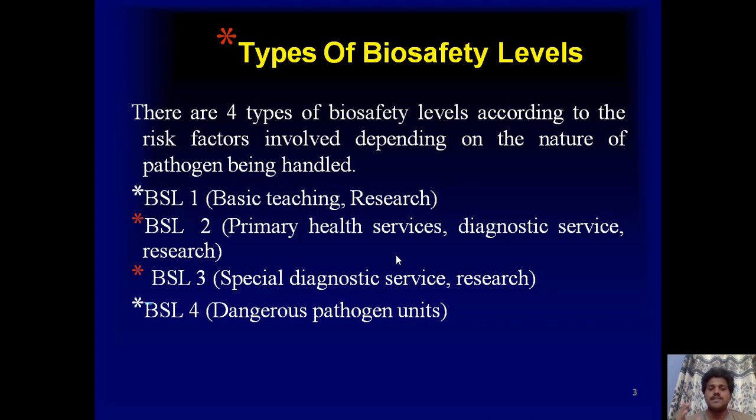And finally biosafety level 4 deals with the dangerous pathogen units. In this way it's classified. The level of safety precautions increases from biosafety level 1 to level 4, and at the same time the danger increases from biosafety level 1 to level 4.